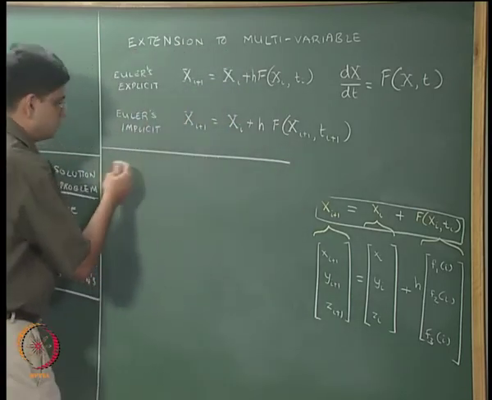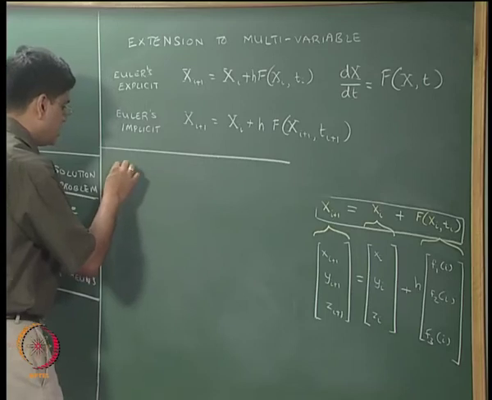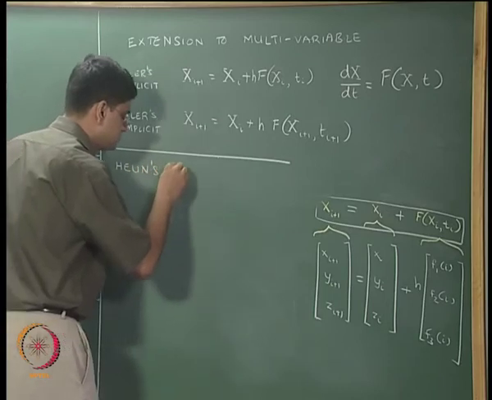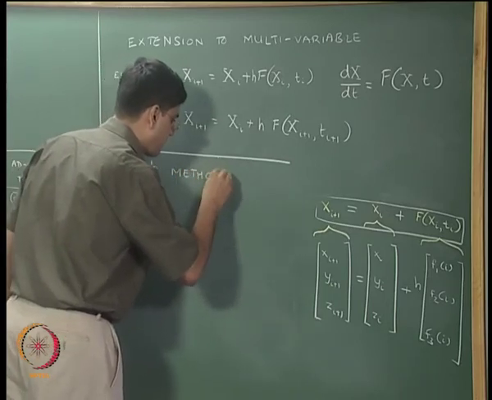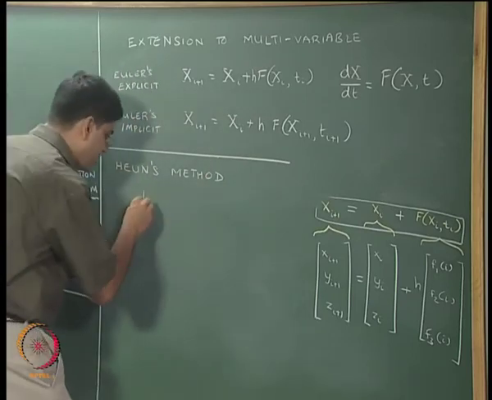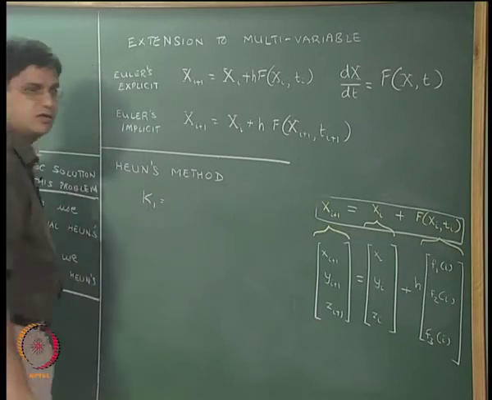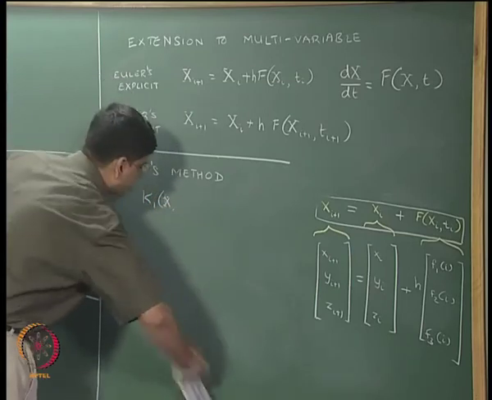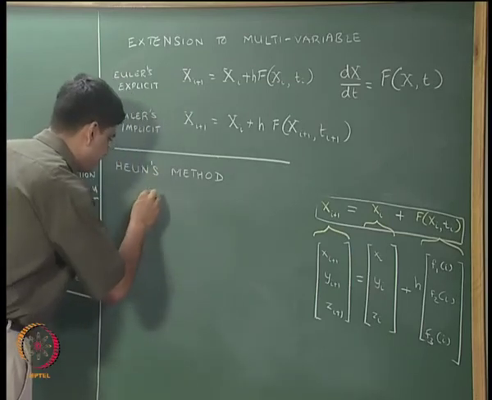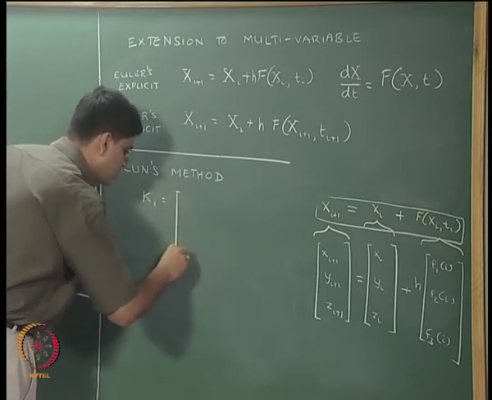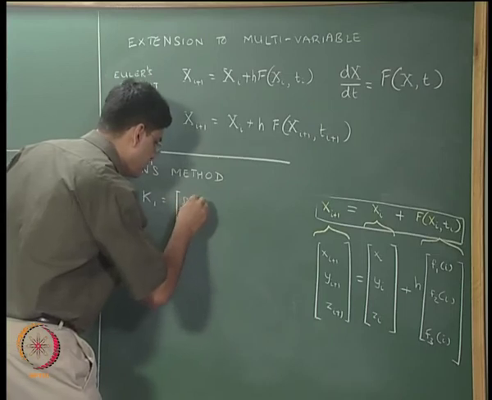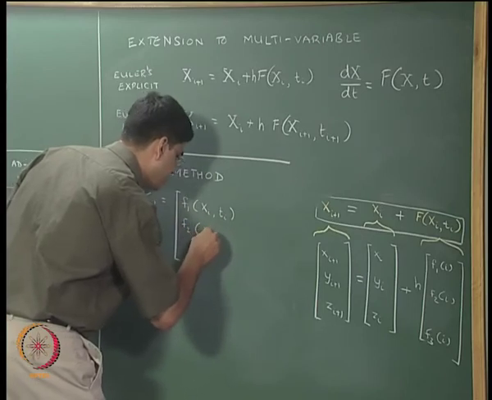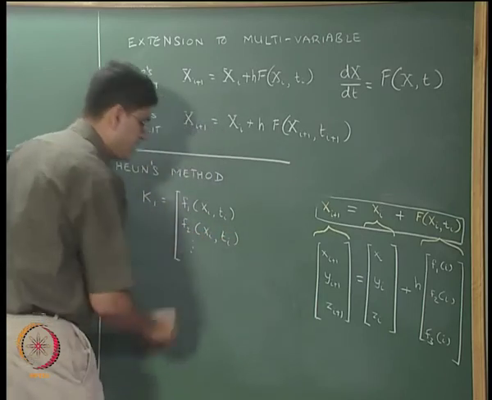Since we have been doing Heun's method in this particular lecture, we will talk about Heun's method. In Heun's method, our capital K1 is going to be equal to f1 of x I comma t I, f2 of x I comma t I, and so on.